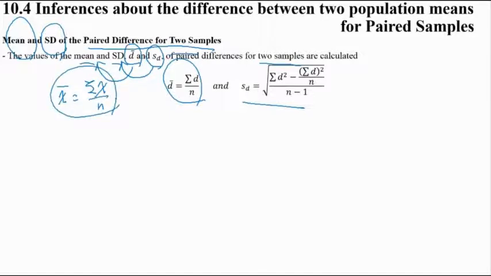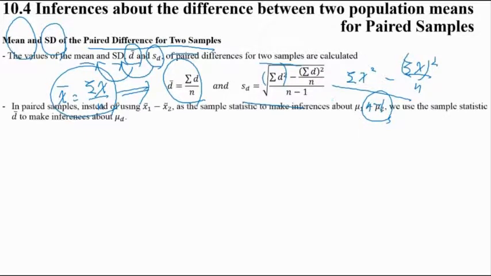And the standard deviation uses sigma X squared minus sigma X squared over n, divided by n minus 1, when using a sample. If it's a population, it's different. Same idea: for the paired sample, instead of X we use D, and instead of mu 1, mu 2, sample statistics use D.